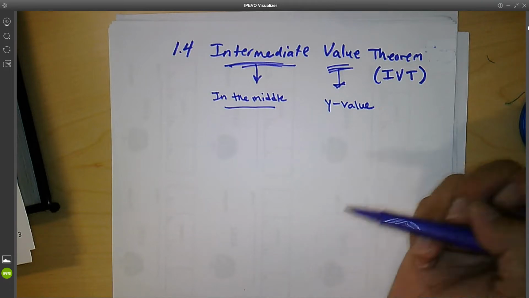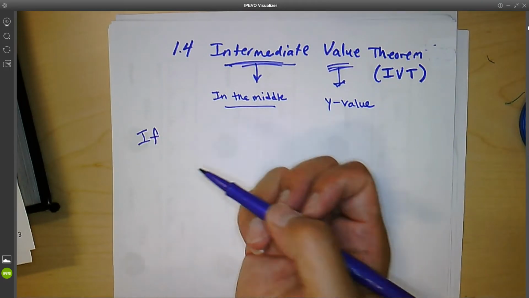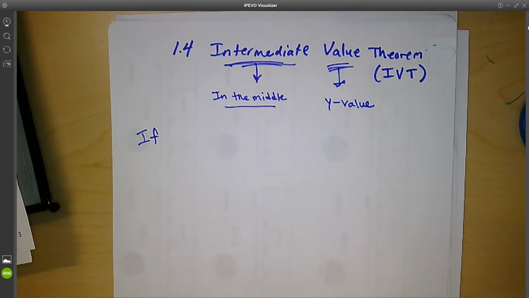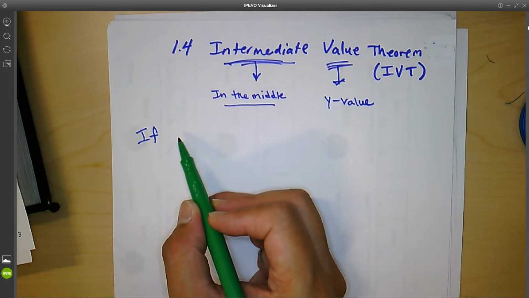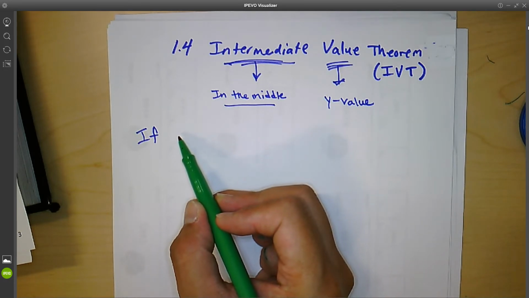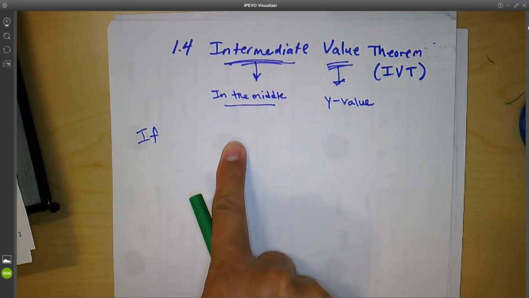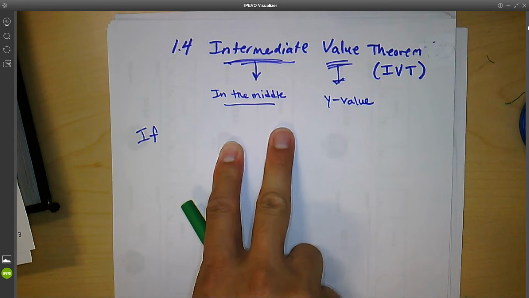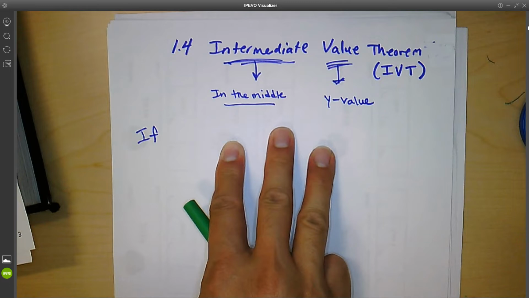So it starts off like this. All the theorems are if-then statements. The if are the conditions that must be met. So just like the Pythagorean theorem, you guys use the results all the time, but the Pythagorean theorem, the if parts are if it's a right triangle, if side lengths are a, b, and c, then you could do a squared plus b squared equals c squared.